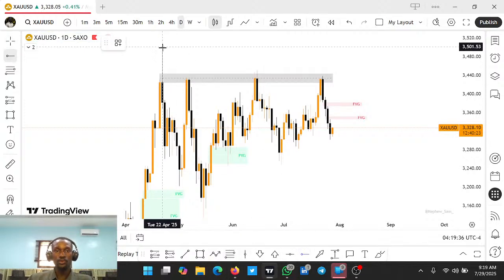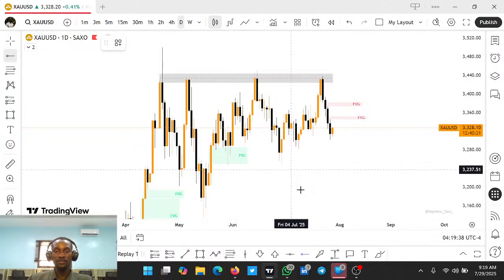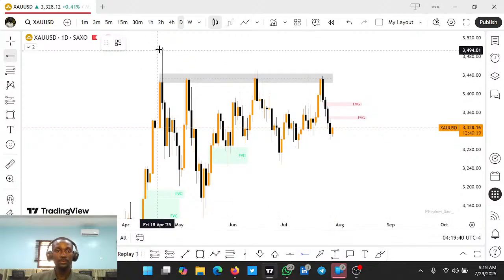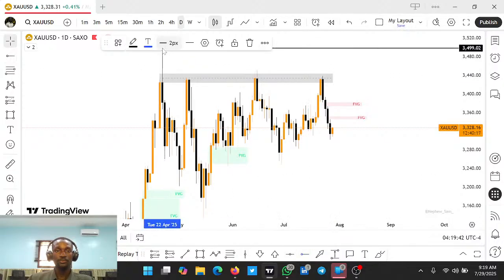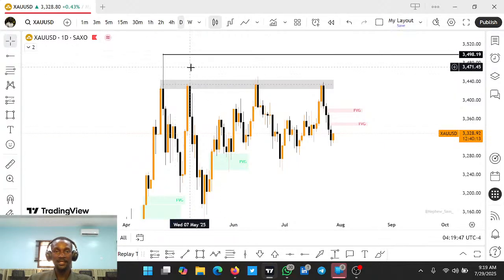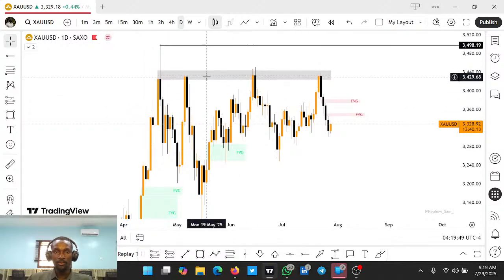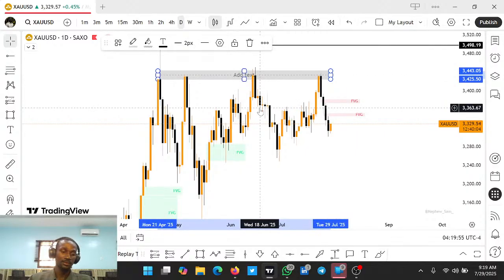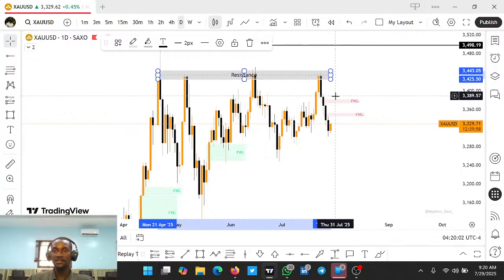I'm still expecting gold to come and clear this zone, and this high here. But currently gold is at this resistance level you are seeing.